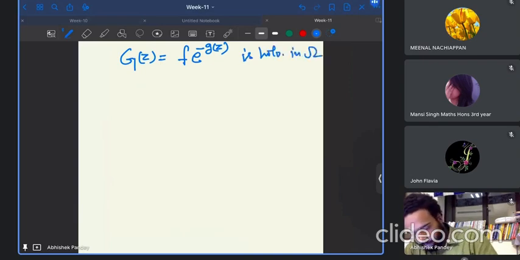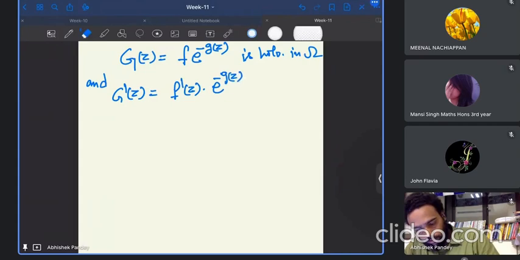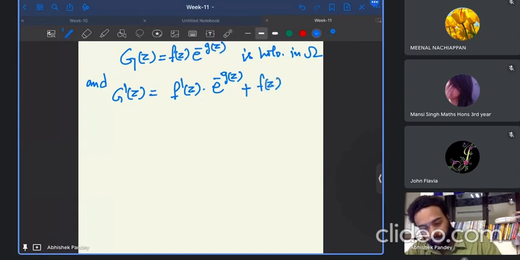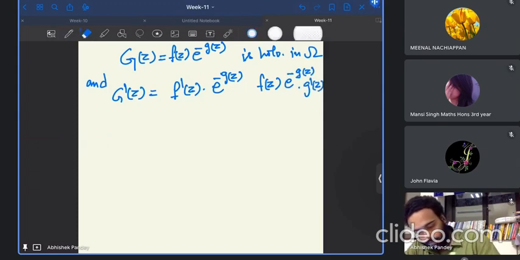And what is G dash z? So G dash z is f dash z into e to the power minus g z. Here it is in the multiplication form, not the composition. Plus f of z into e to the power minus g z into minus g dash z, so this will be negative.